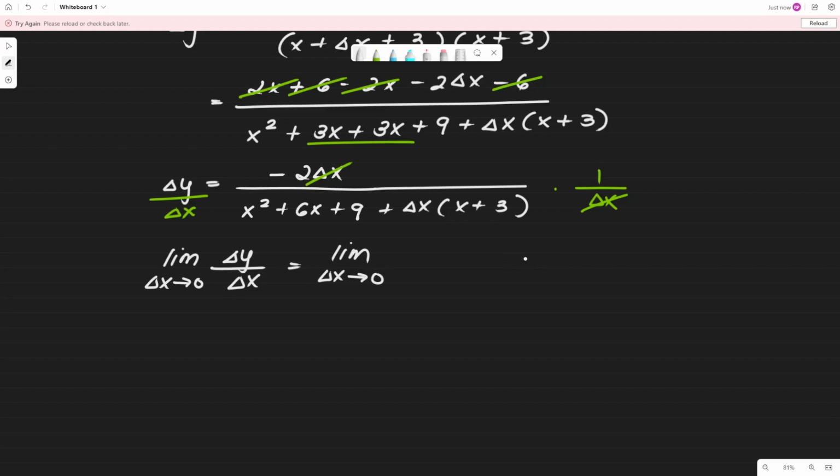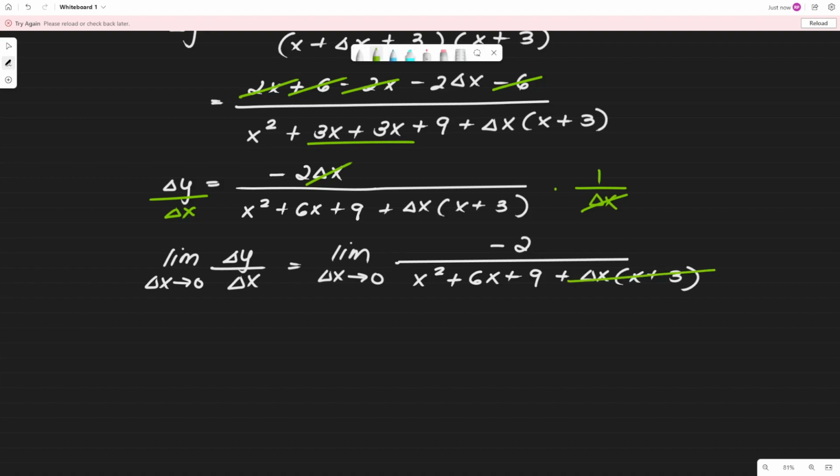Kapag nagsusulat ng ganito. So, we'll have ayan. No? So, sabi nga natin, lahat na may delta x ay maka-cancel.